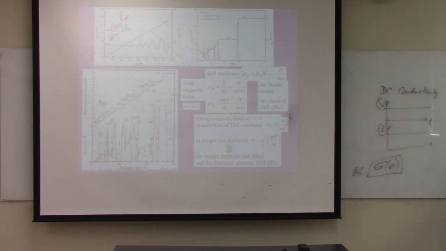This has two parts: a real part of sigma plus an imaginary part of sigma. Typically we say sigma 1 plus i times sigma 2. Real and imaginary. If you have a DC part, you don't have this one, right? So you only have the real part. That is typically given by n e squared tau over m.